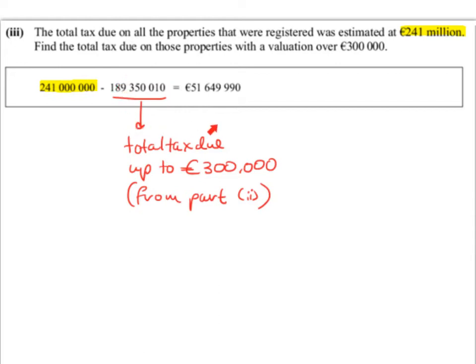So this was the total tax due up to €300,000. This is what we got from part 2. So subtracting leaves us with €51,649,990. So this must be the total tax due on properties with a valuation of over €300,000. So where it said NA in our table, this is what it should have said, 51 million.